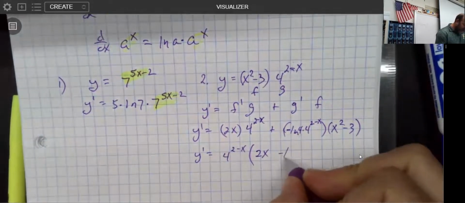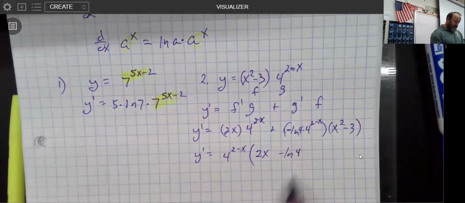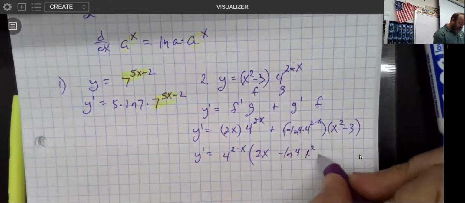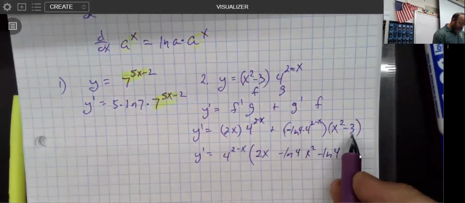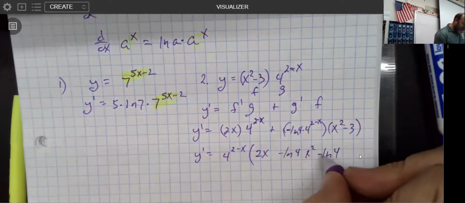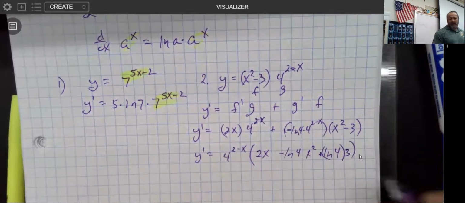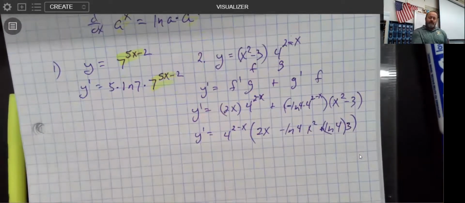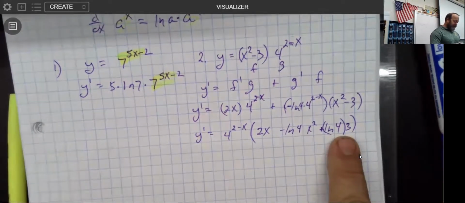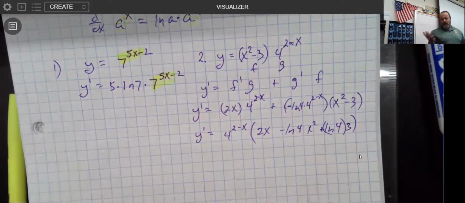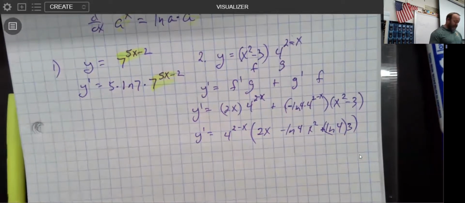I would have a negative natural log of 4 with this x squared, and a negative natural log of 4 with this part right here, which is the 3. Again, I could put a plus because there's a double negative times that 3. I would have preferred to write the 3 in front, but I'm just trying to keep this a short video, so I'd probably call that 3 ln 4. And that's really all I can do with that problem.